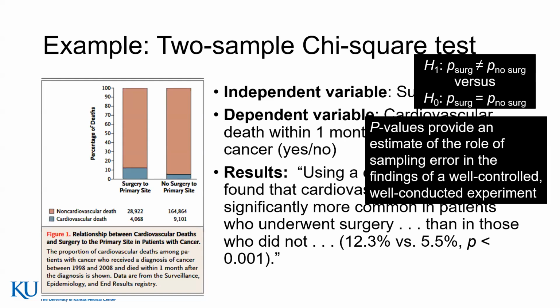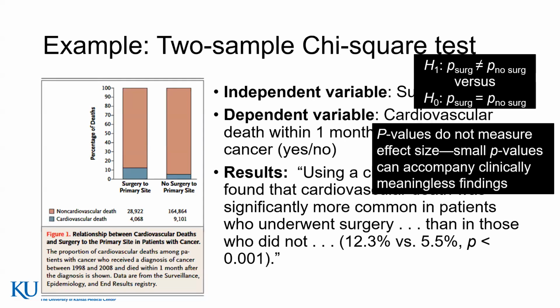So in this study, a p-value was observed that's less than 0.001. So this p-value provides an estimate of the role of sampling error that was obtained in this study.